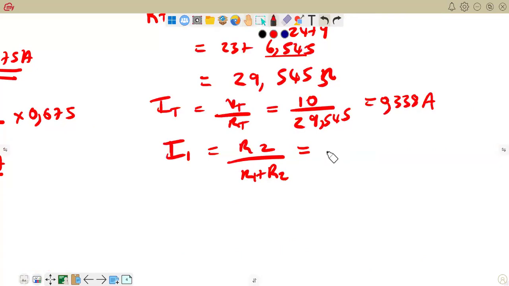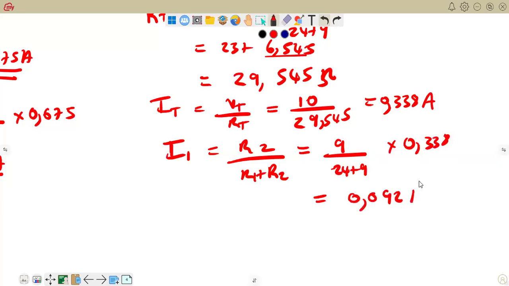Okay, so I can then substitute that into the formula. That will give me R2, which is 9, over 24 plus 9, multiplied by 0.092 amperes. Then we now superimpose the two.